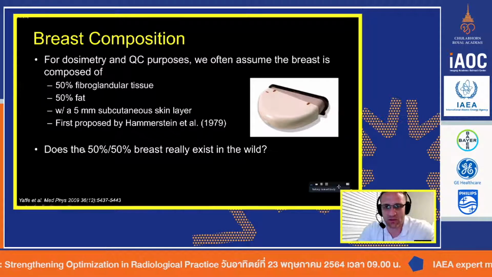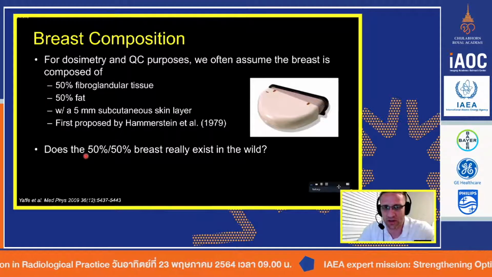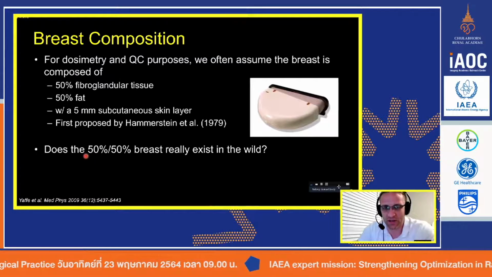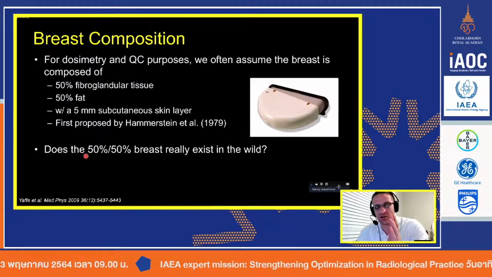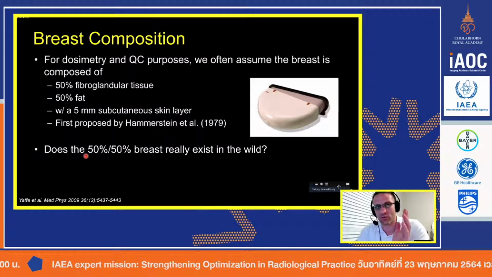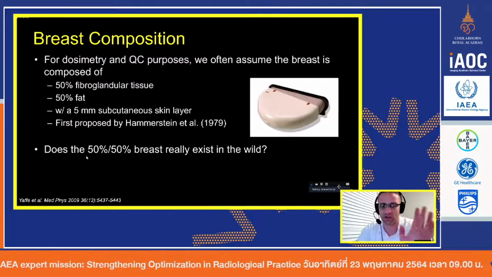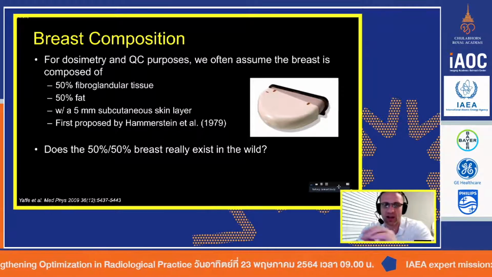And so, does it actually exist? Well, I showed you the trending, so we know that glandularity changes with age. We also know that breast thickness is actually not on average 4.2, at least in the US. Admittedly, I couldn't find any studies for Thailand.